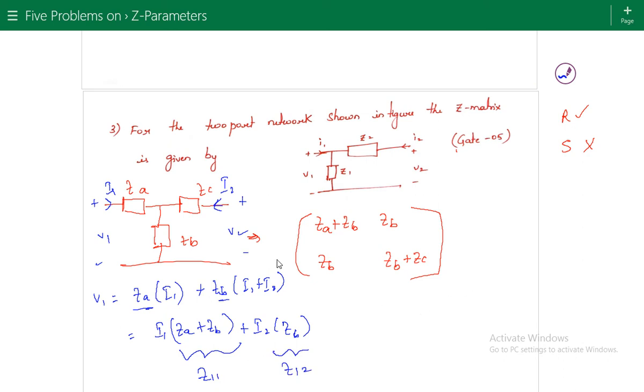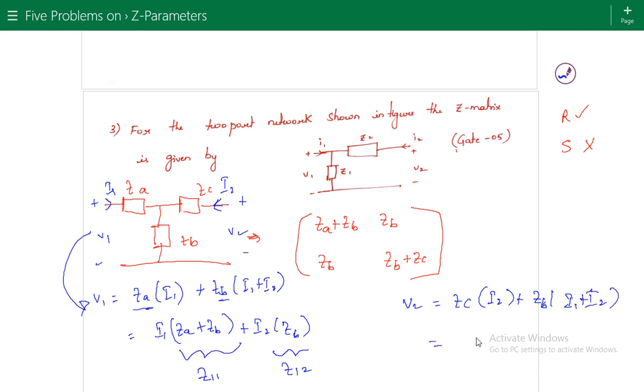Similarly, that was the first mesh. By applying KVL in the second mesh, what will I get? V2 equals the voltage drop across ZC and ZB. What is the current flowing in ZC? I2, plus ZB into the currents flowing, I1 plus I2.